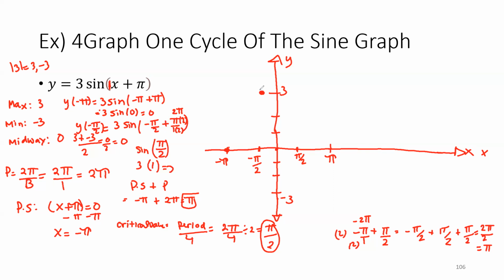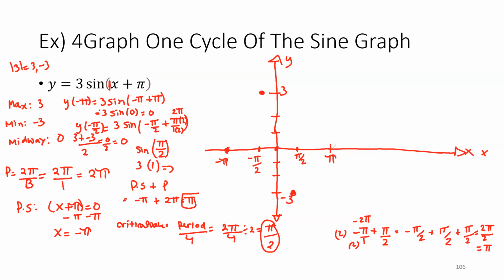Okay, that's good, because you just did the cycle. So you went from midway, to max, and then at 0, I believe it's going to be 0, because if you plug in 0, that would be sin of pi. Yeah, it's 0. I was just double checking, but it's a cycle. And then at pi over 2 it's going to be at your minimum, which is negative 3.